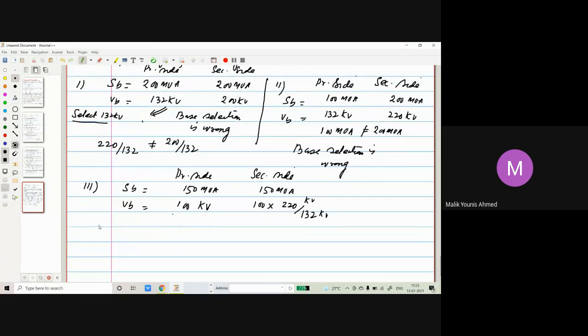Third, we can write here: per unit representation is possible for this transformer.